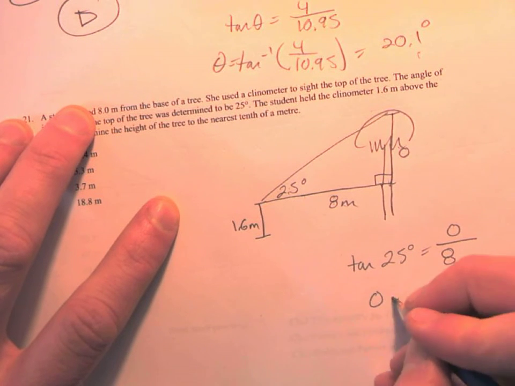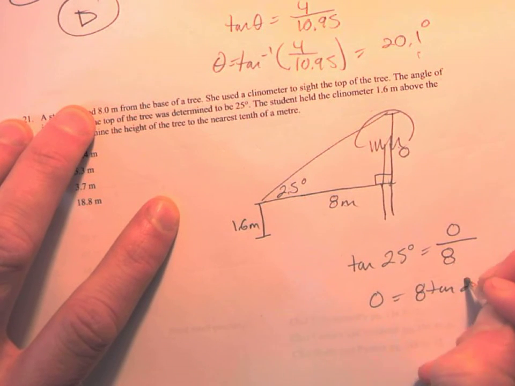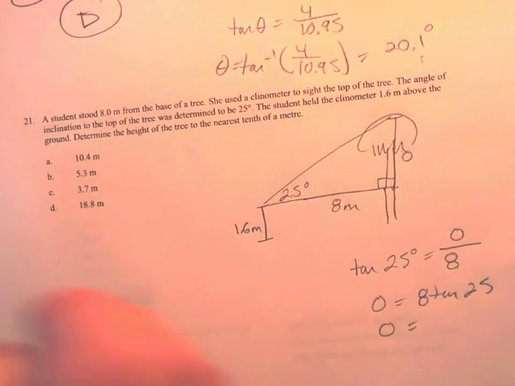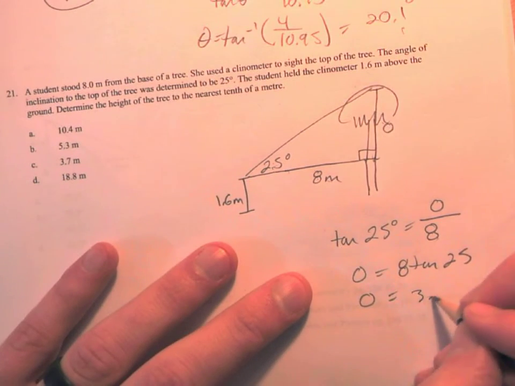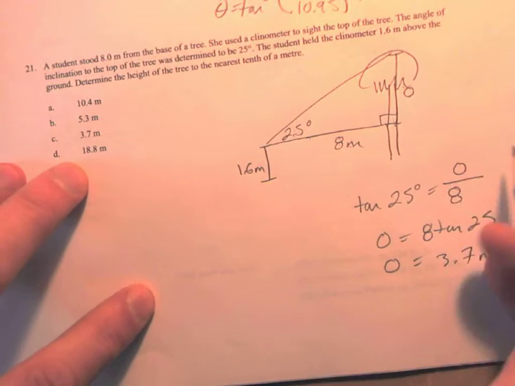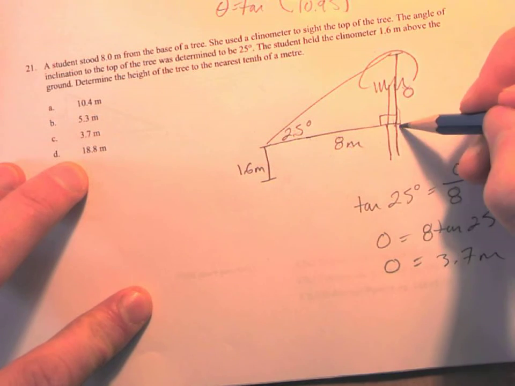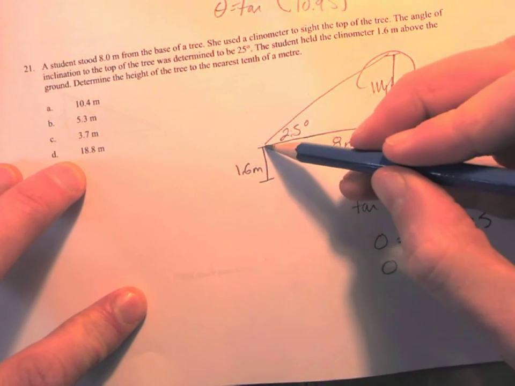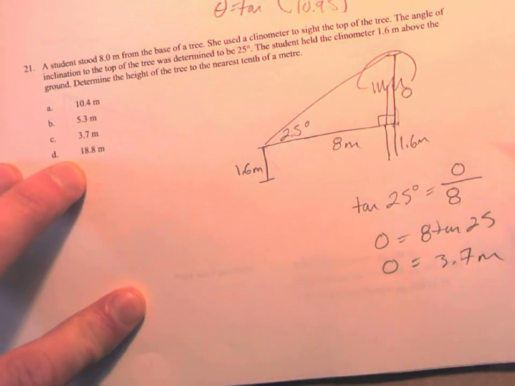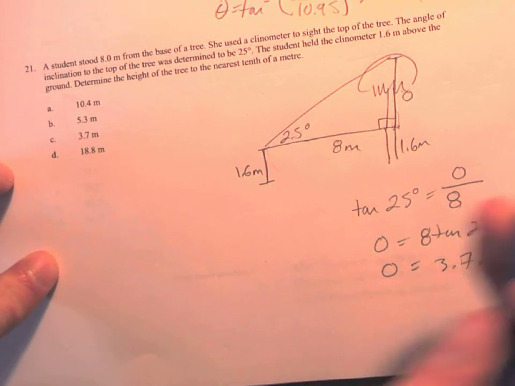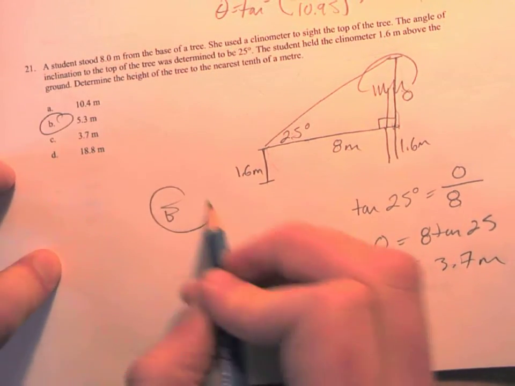Times it to the other side, 8 tan 25, and our O is going to be 3.7 meters from here to here, and then we also have to add how tall the person is, 1.6 meters here as well. So 3.7 plus 1.6 is 5.3. B.